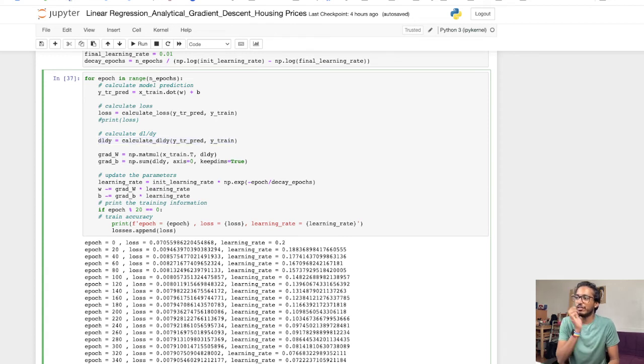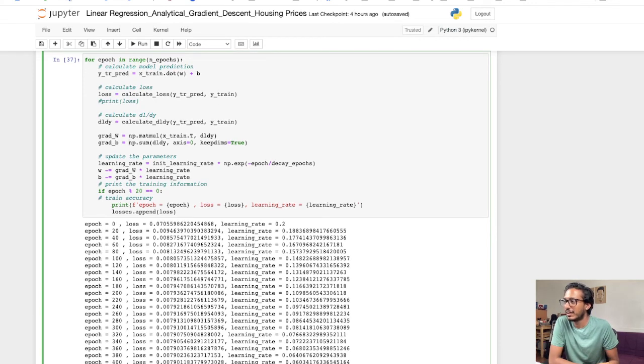We calculate the gradient for w by multiplying dl over dy by x, the training data. And for calculating the gradient b, we just sum it up across the axis to get it, because we are looking for just one bias, right?